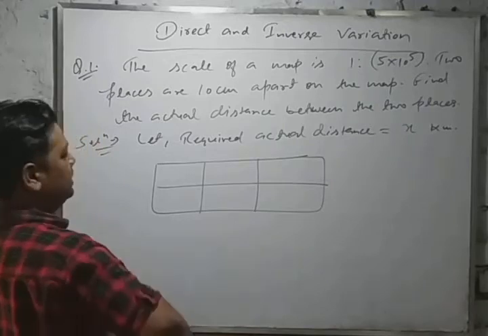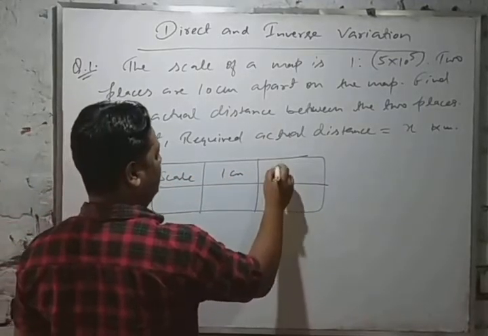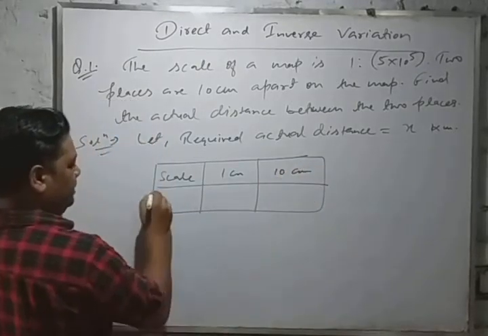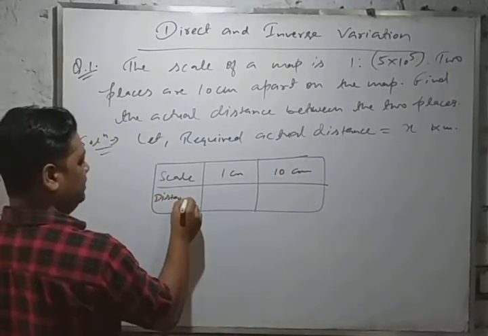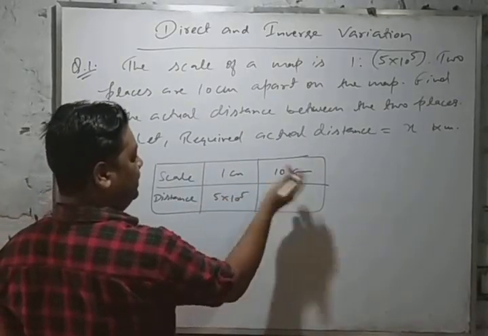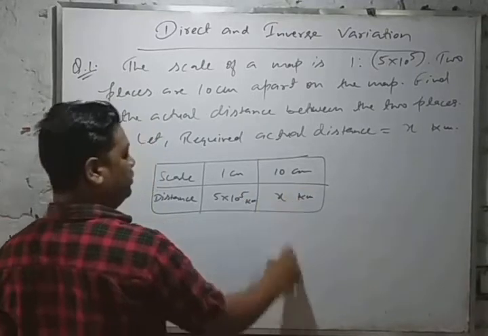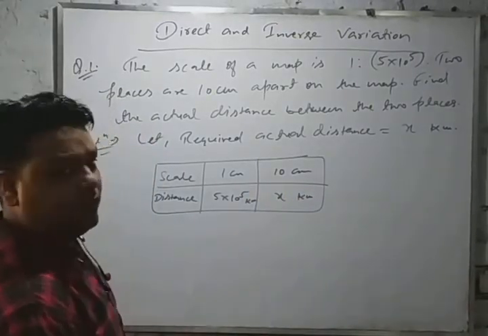After that, what is the scale? Here 1 centimeter to 10 centimeter. Distance is 1 centimeter, then the distance is 5 into 10 to the power 5, then for 10 centimeter, x kilometer. This is also in kilometer. So we have to find it.